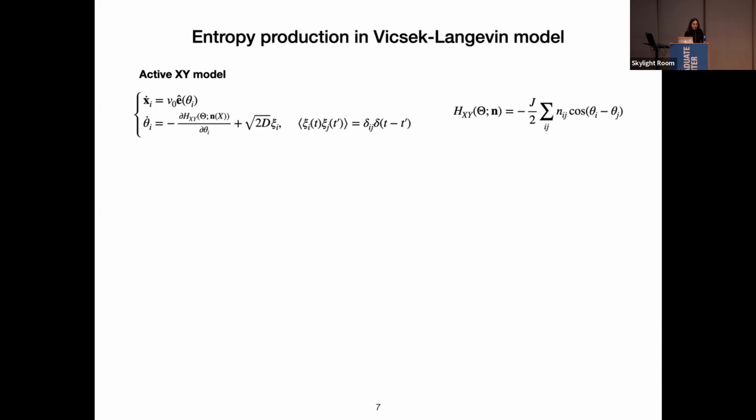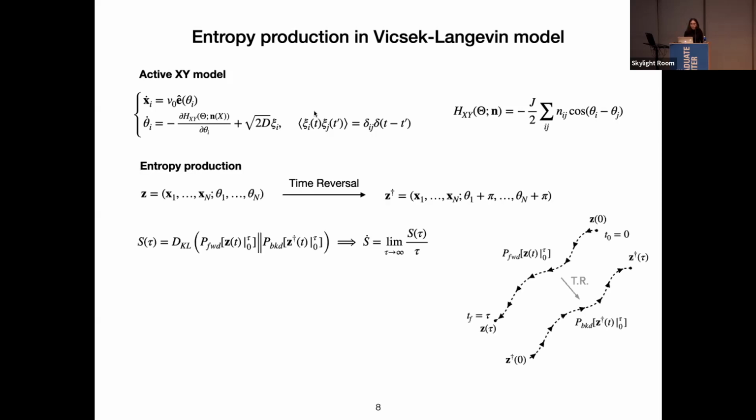One of them is, for instance, effective temperatures, measuring the violation of fluctuation dissipation theorems, or we can use currents in the phase space of the system, or we can use the tools from stochastic thermodynamics, so energetic fluxes and entropy production in particular. And we will focus on entropy production for this model, that is the active XY model.